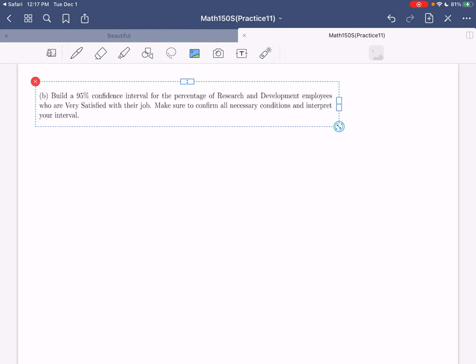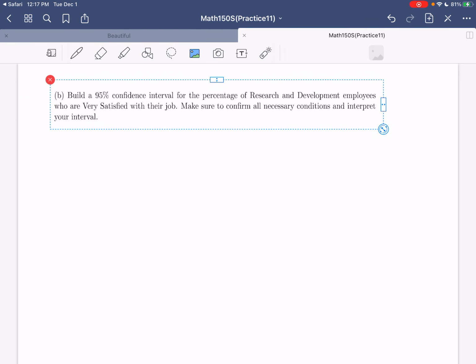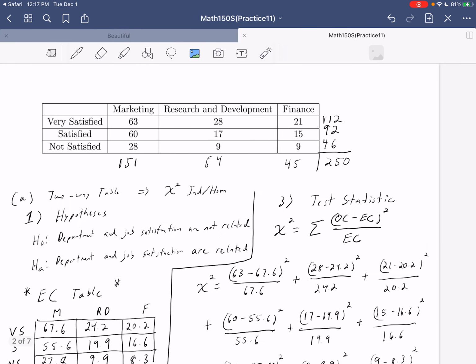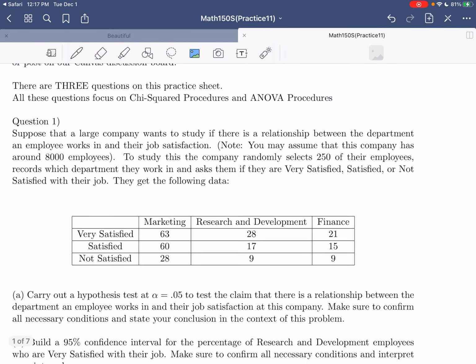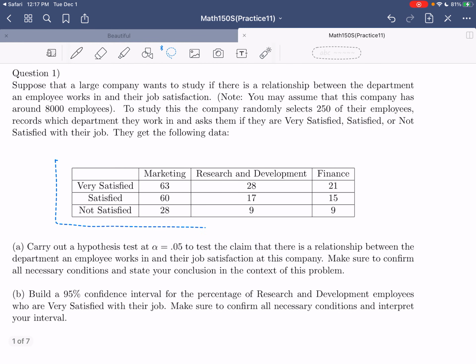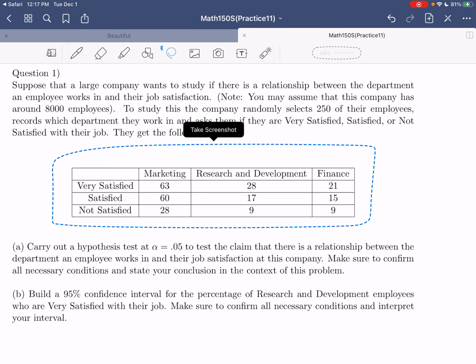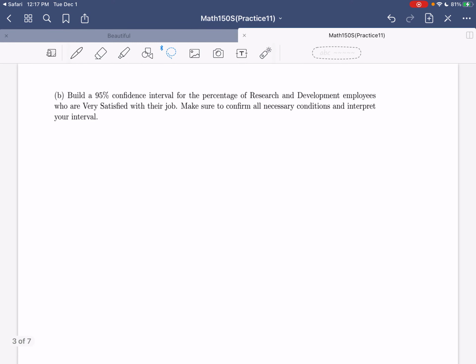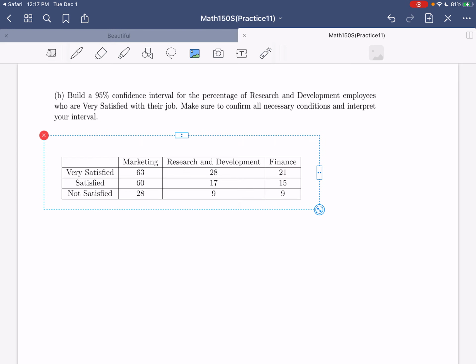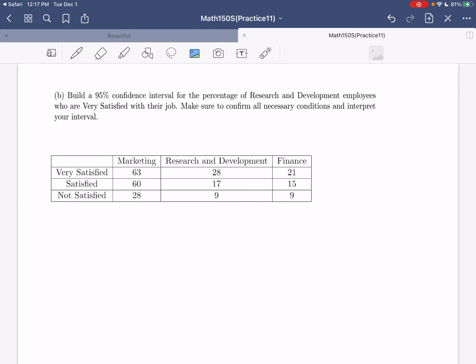All right, so we're going to be building a confidence interval here, and also, you know what, we should probably, yeah, we can just go ahead and grab our data again as well, since we'll probably want that. Okay, so there's our data.